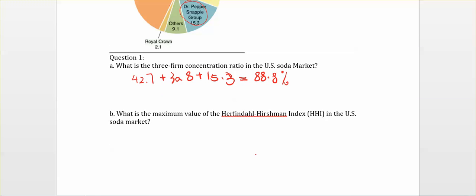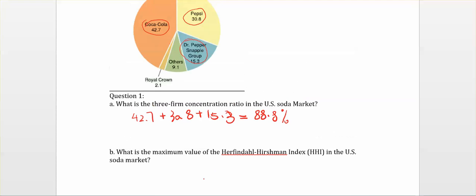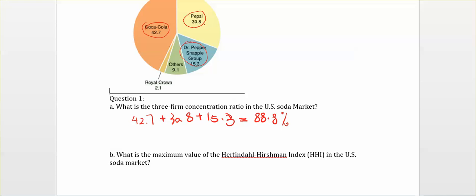Now let's look at the second part of this question. What is the maximum value of the HHI in the U.S. soda market? To answer this question, you need to go back to your textbook to find the definition for HHI. However, for this one, based on the diagram, we know the Coca-Cola, Pepsi, Dr. Pepper Snapple, and the Royal Crown are the top four soda firms, and the others take up 9.1.